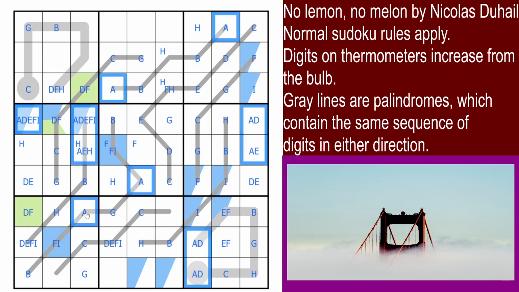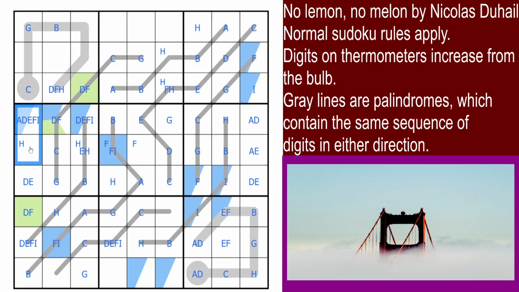Okay, but let's first do A. So none of this A. So where is A in this box? Okay, A is here, right, in this box. That means that has to be A, isn't it?